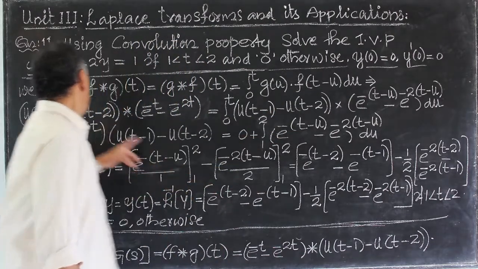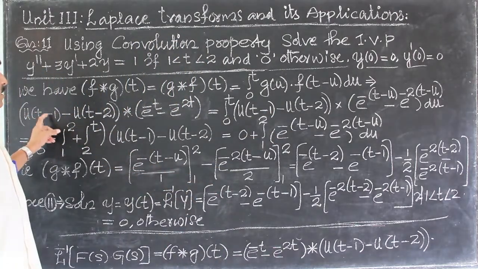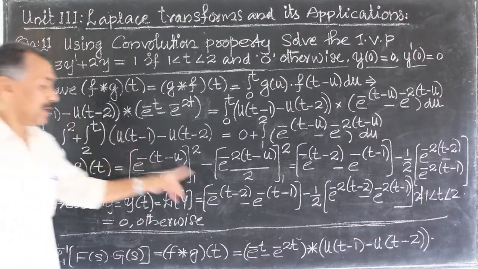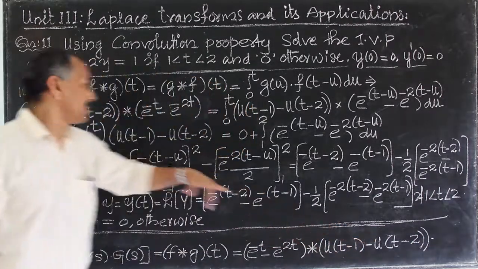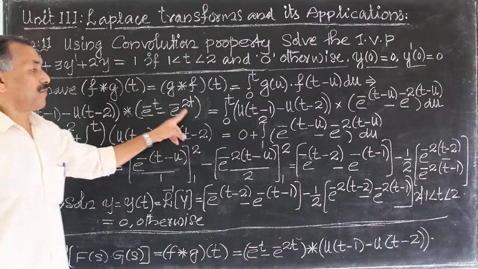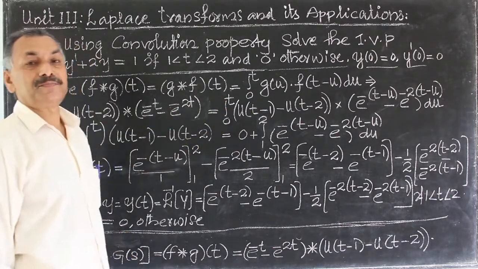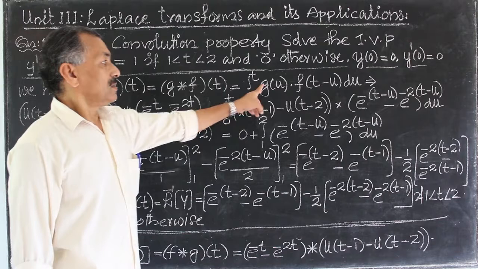That is equal to the integral. That is F after G, G being u of t minus 1 minus u of t minus 2. G after F of t is equal to integral 0 to t G of u.